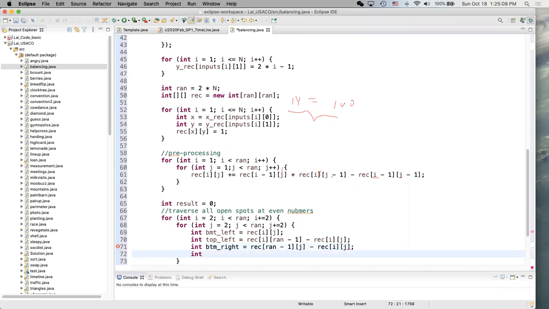And finally, for int top right, so this one I think we already discussed. For the rec, going to be range minus by 1. So range minus 1, that's the maximum you can go. And then what? And a minus rec I, range minus by 1.